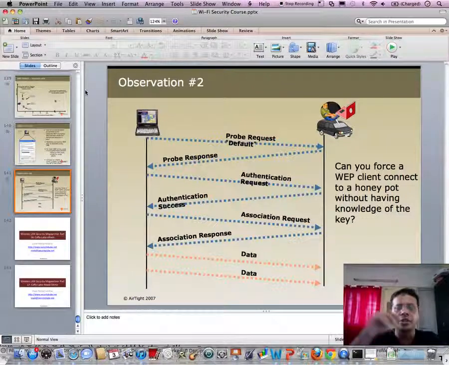Only the client is authenticating to the access point, in which case we are the fake access point and we happily accept any credentials shown by the client, right? Now, in the next video, we will look at the fundamental basis for using this along with the Caffe Latte attack to crack the WEP key.